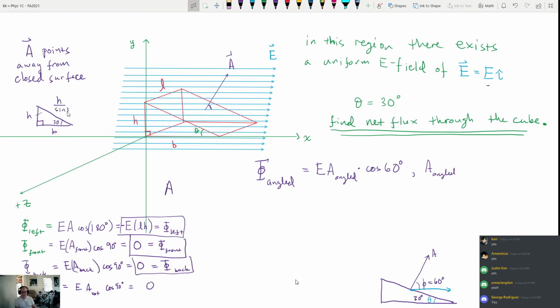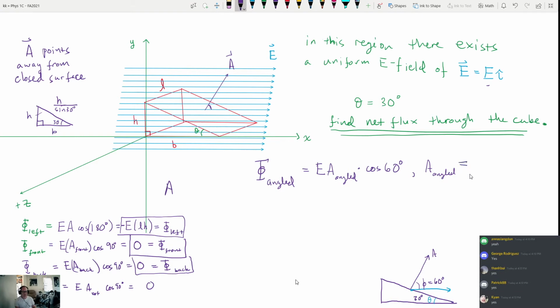Would you all agree? Yep, okay. So you guys checked it, looks right.